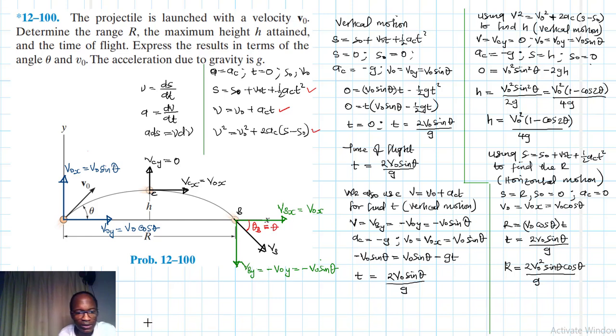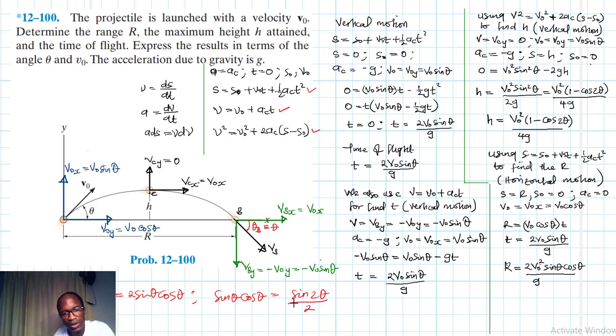But we can write this. We know again that sine 2 theta is equal to 2 sine theta cos theta, and therefore sine theta cos theta is equal to sine 2 theta divided by 2.